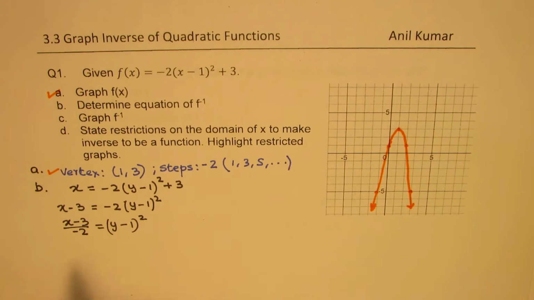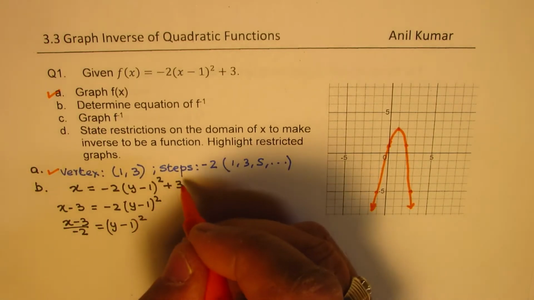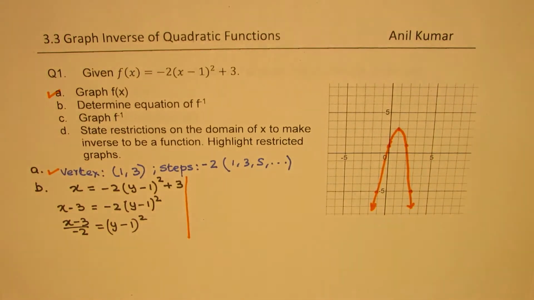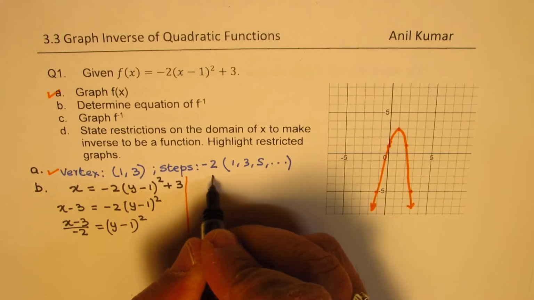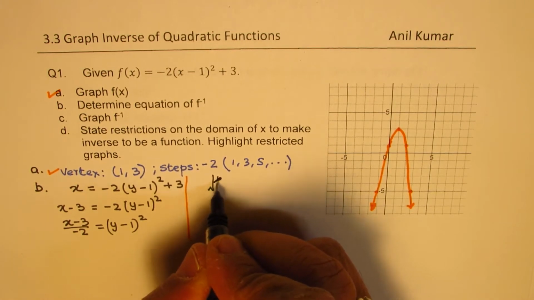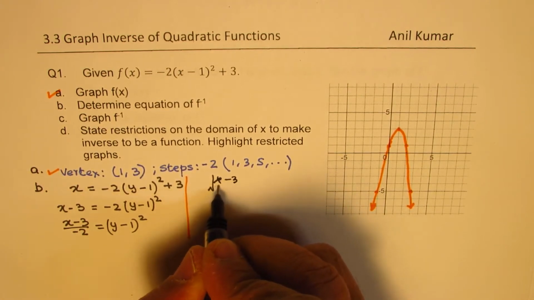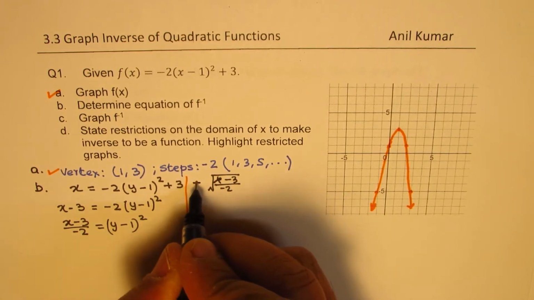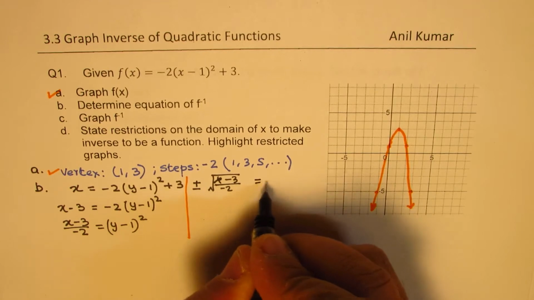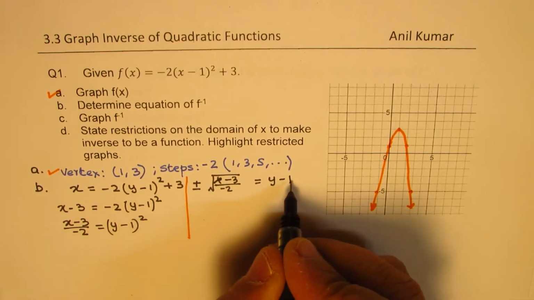And then we'll square root it, right? So we can say this is square root of x minus 3 over minus 2. And whenever you square root, you have to write plus and minus, equals y minus 1. Bring 1 to this side.